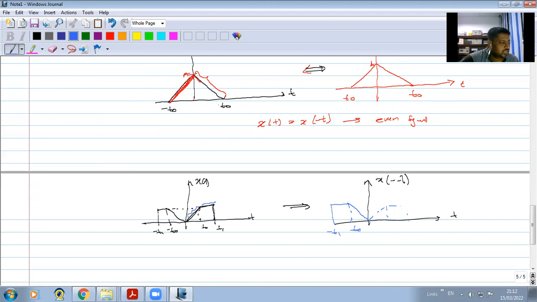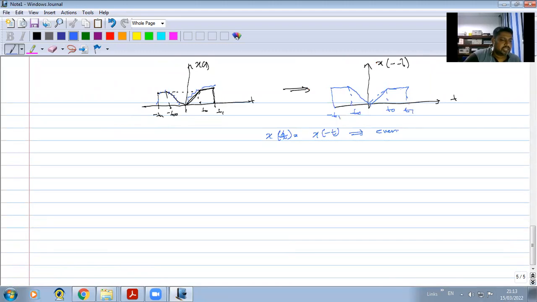If you consider this section, you will get the mirror image for this section from this side. So you will get this kind of mirror image, t naught, t1. So what is this? Again, x(t) is equal to x(-t). So this is also an even signal.